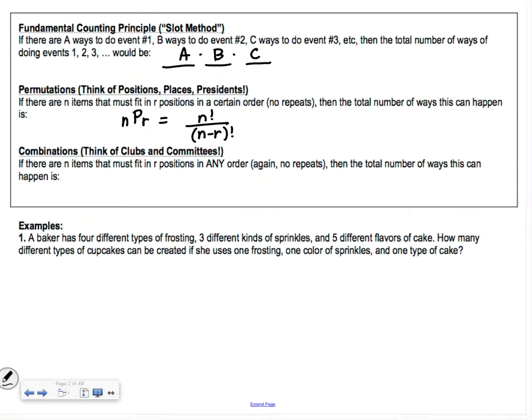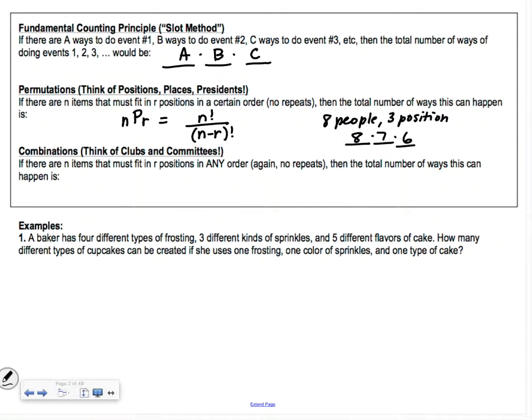What I do instead is if I have like 8 people and then maybe like 3 positions, like gold, silver, bronze, then I do 8, 7, 6. Does that make sense? Do you guys see how the 5, 4, 3, 2, 1 is cut off? It's been divided out. All right, so that's where that formula comes from.